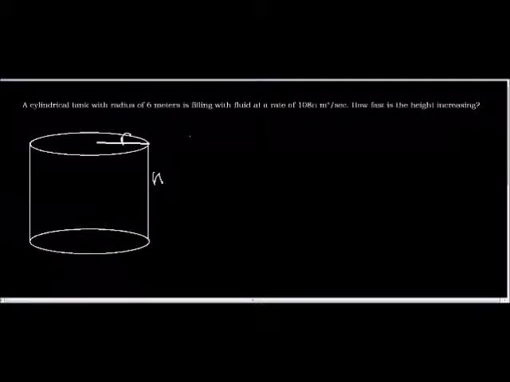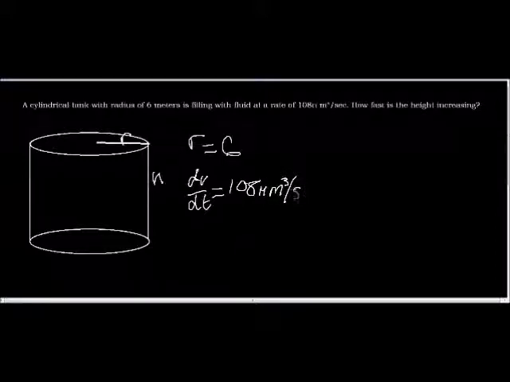So, you're given r is 6, and dV over dt is 108 pi meters cubed per second. And then you're trying to find dh over dt.